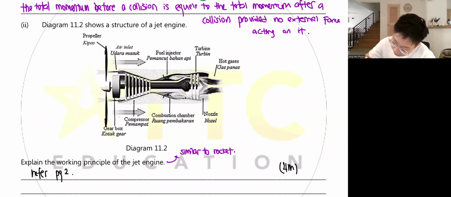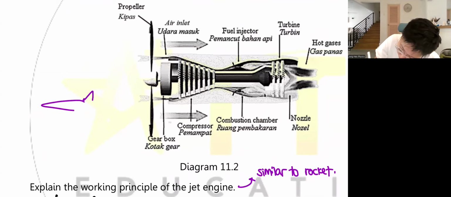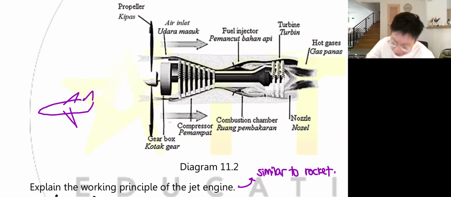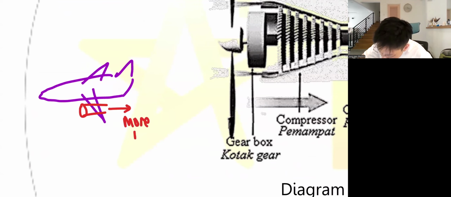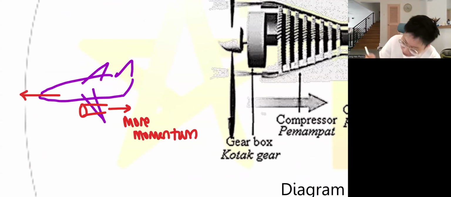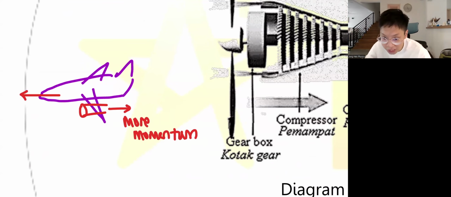So if you see, this is a commercial airplane. Just imagine this is a commercial airplane. You obviously want the engine to produce more momentum so that you push this thing forward faster. And you want to increase the momentum.